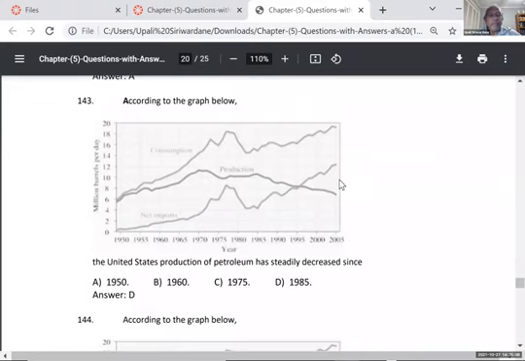Number 143. According to the graph, United States production of petroleum has steadily decreased since 1985.